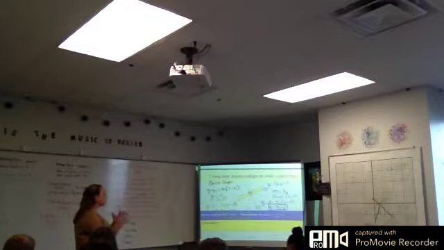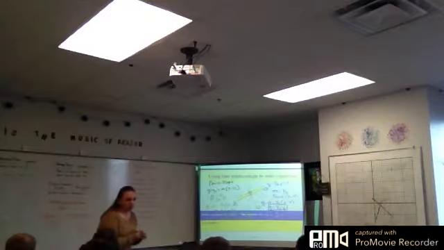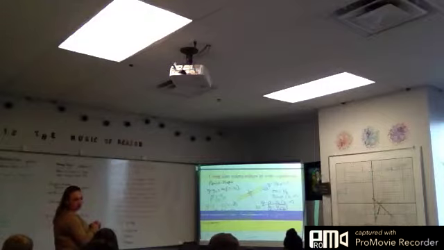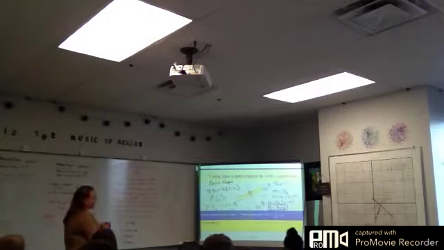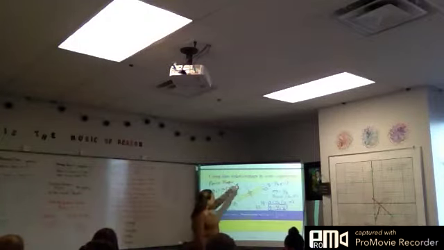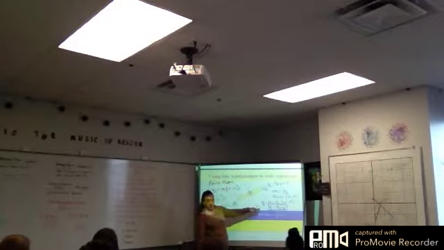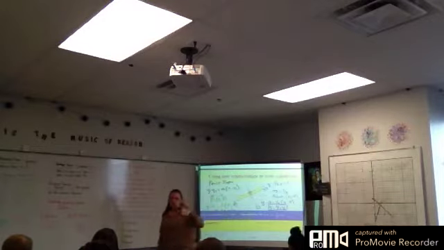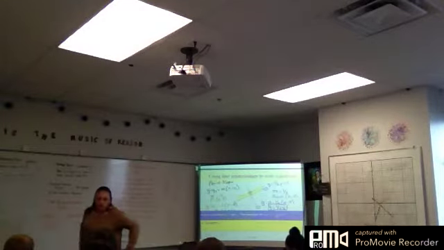Then you pick a point that's on the graph, make it something simple, and you plug it into point slope form. You can use 0, 0 if it crosses through 0, 0. The green one did not cross through 0, 0, so I did not choose it. I chose this one because it crossed through 0, 2, so that's pretty simple.